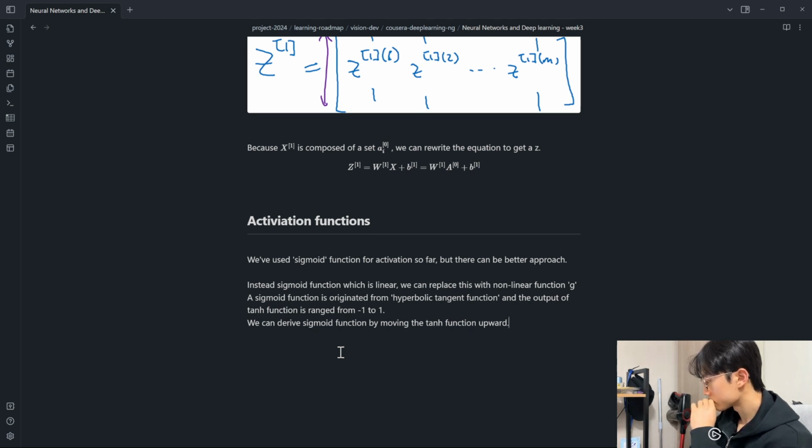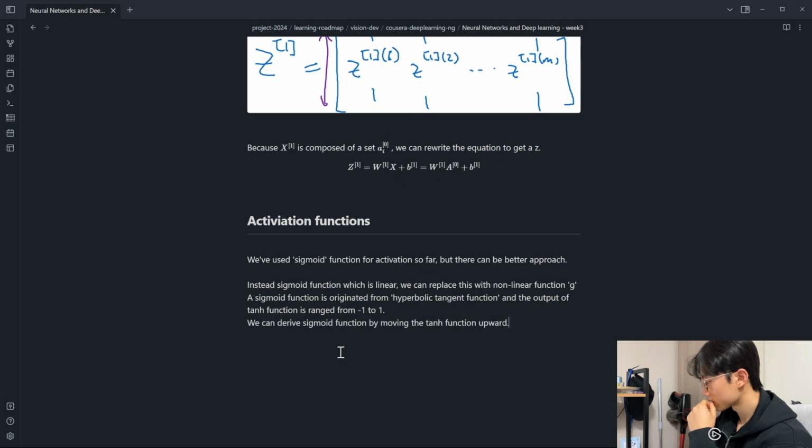So in the more general case, we can have a different function g of z, which I'm going to write here, where g could be a nonlinear function that may not be the sigmoid function. So for example, the sigmoid function goes between 0 and 1.